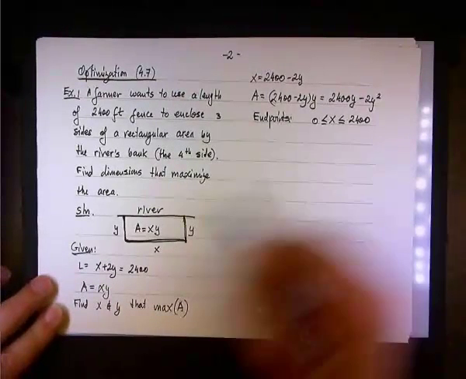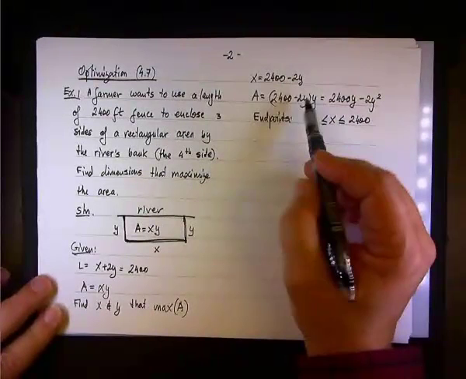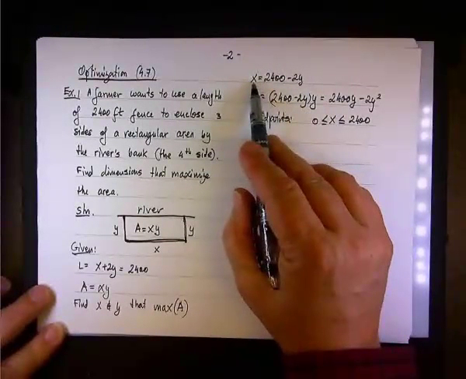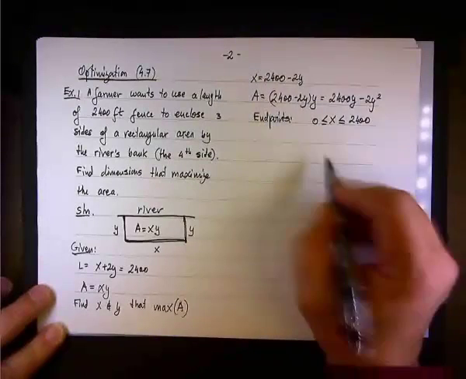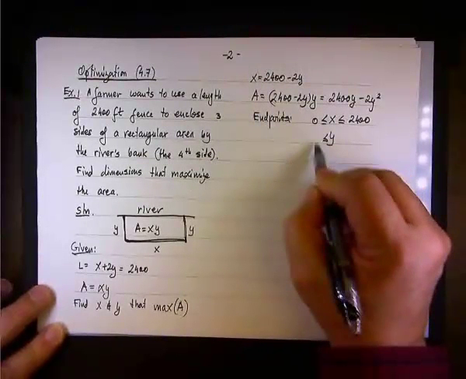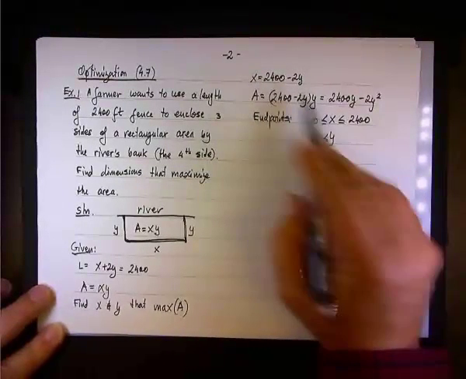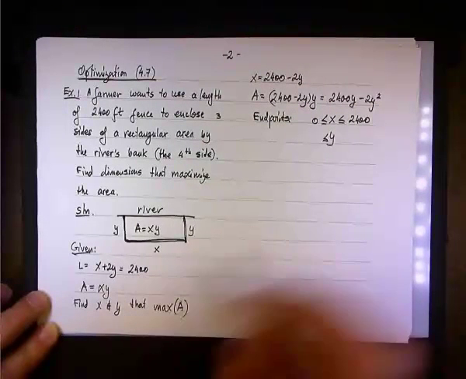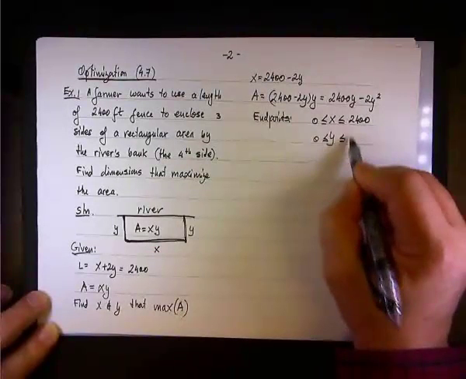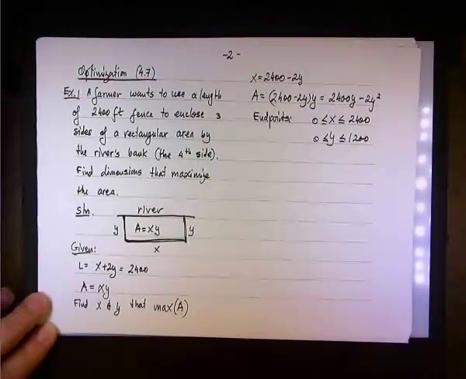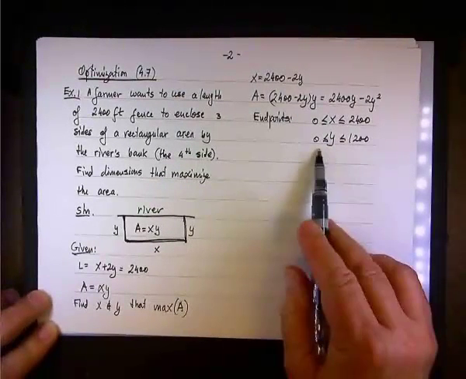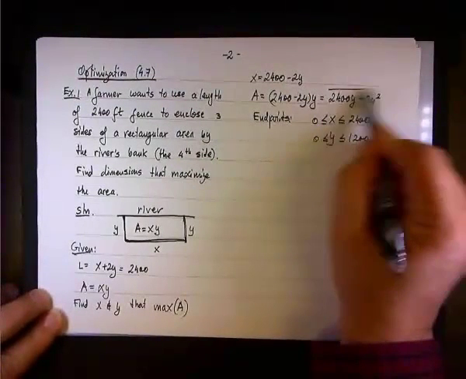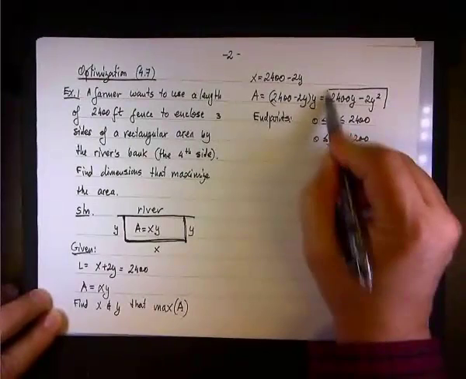What about 2y? What about y? If x equals 2,400, then 2y equals 0. And if x equals 0, then 2y equals 2,400, or y equals 1,200. So those are the boundaries, those are the endpoints on y in this function that we are looking at. Okay?